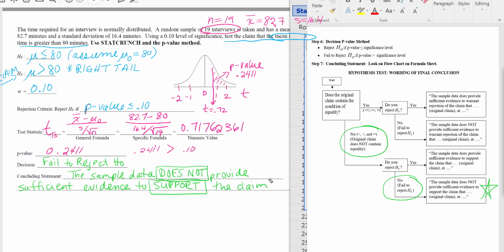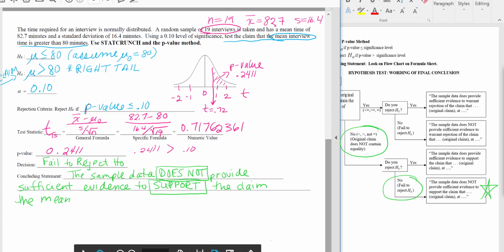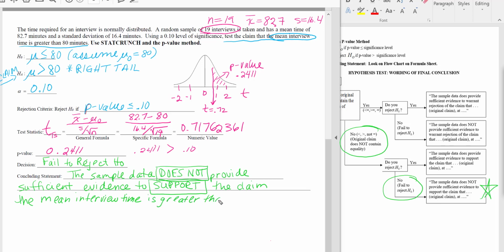Test the claim that the mean interview time is greater than 80 minutes, at alpha equals 0.10.